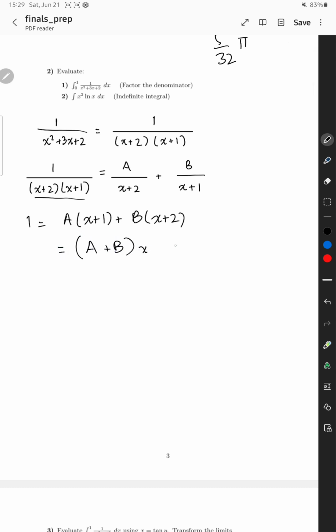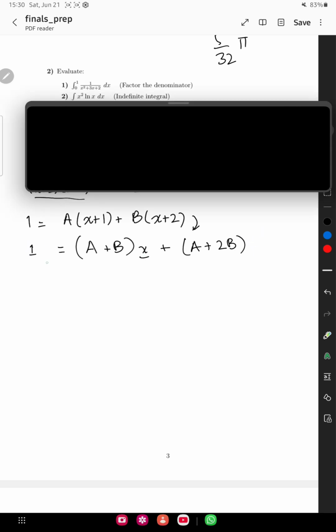I'm doing the expansion quite readily. And the other term is a plus 2b, if you don't mind. You can just rearrange this into this based on the coefficient of the powers of x. Now you see at the 0th power of x, which is a constant term, you have 1 over here.